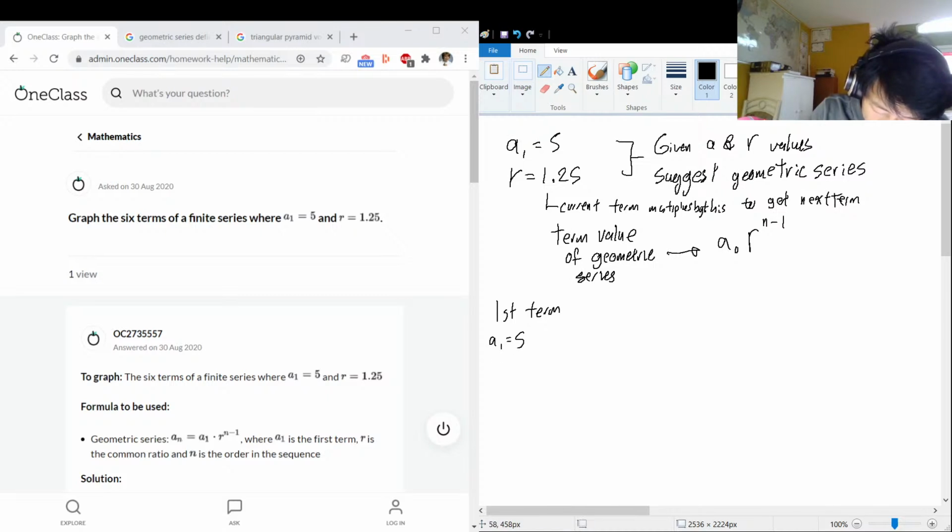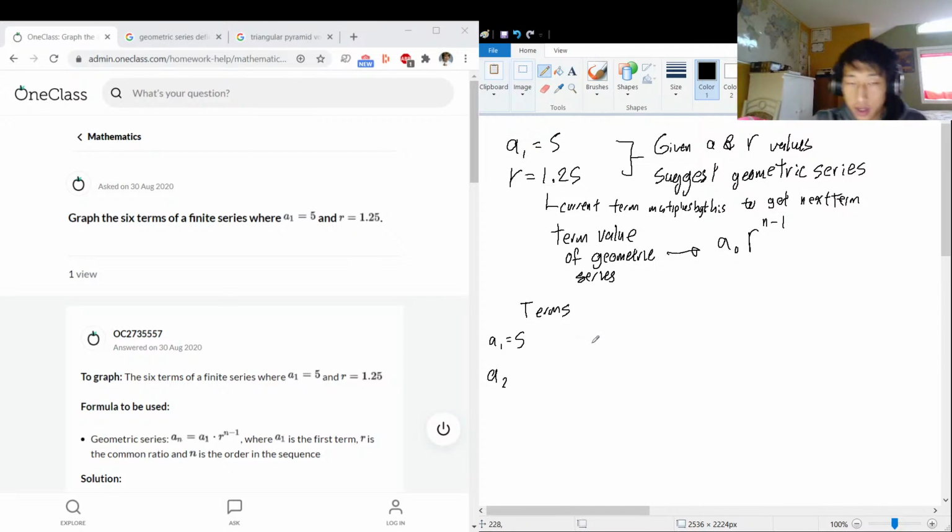So a1 is equal to 5. Let's just write our terms, the terms that we're trying to find. So the first one, they give it to us, that's 5, and that's shown by the subscript here.